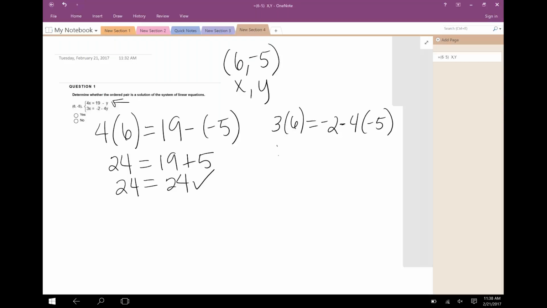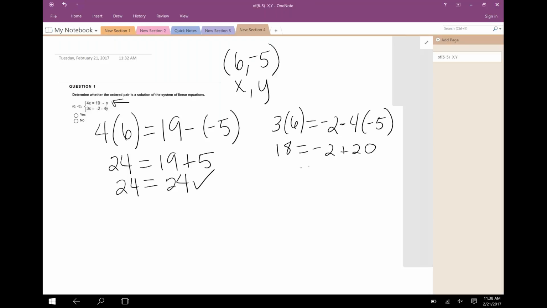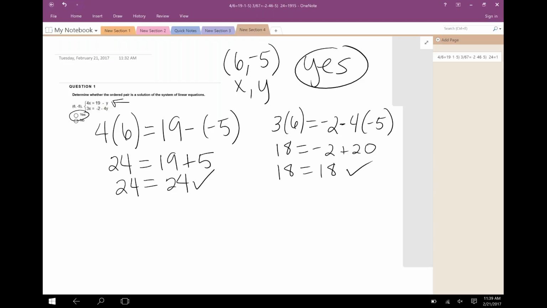So 3 times 6 is 18 equals negative 2, negative 4 times negative 5 is positive 20. And then negative 2 plus 20 is positive 18. So 18 equals 18. That's a true statement as well. So this ordered pair, 6, negative 5, is a solution. So the answer here would be yes.